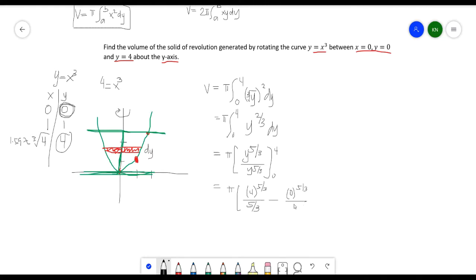All over 5/3. So meaning to say we can just cancel this one since this is equivalent to 0.